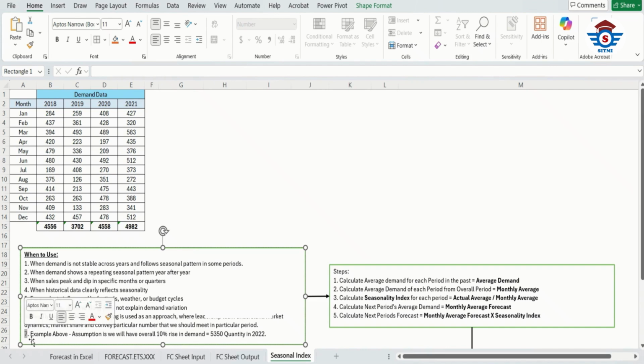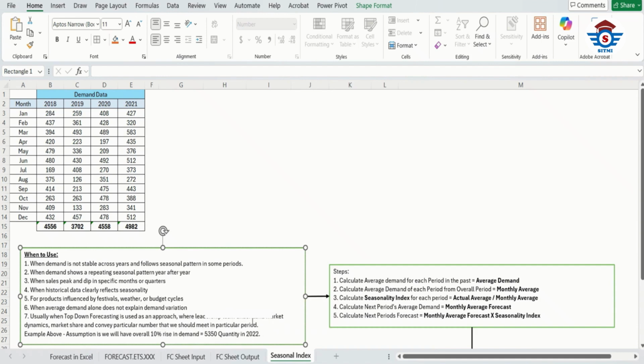Finally, we will see one example here in the spreadsheet. In this example, the assumption we have taken is that the demand will increase by 10% compared to the previous demand. What is expected here is to calculate the forecast for 2022.